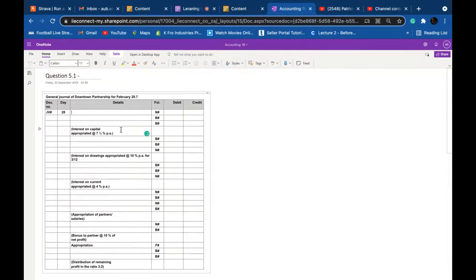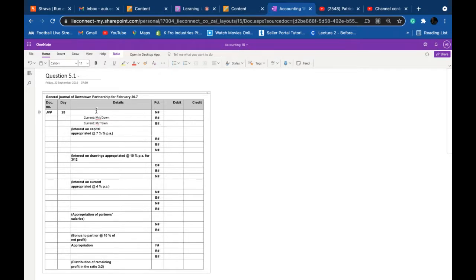So since both of them have credit balances, we're going to credit their current accounts. Remember, current account is also an equity account, so it increases on the credit side and decreases on the debit side. Okay, Mrs. Down. I'm just going to copy that and paste here, and then amend to say Mr. Town.